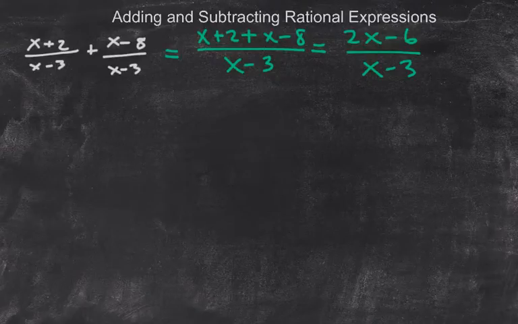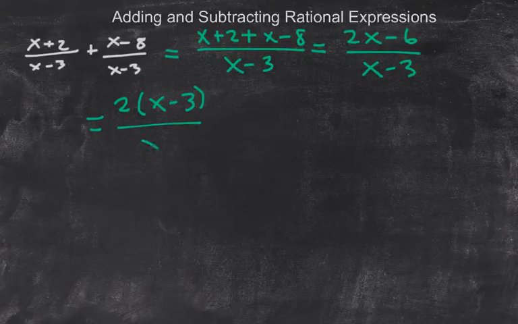So what I want to do is get both numerator and denominator to be factored completely. And so in the numerator, I notice that both 2x and negative 6 are multiples of 2. And so I can factor out a 2, and I'm left with x minus 3. And my denominator is x minus 3. So here's an opportunity to cancel a giant 1.